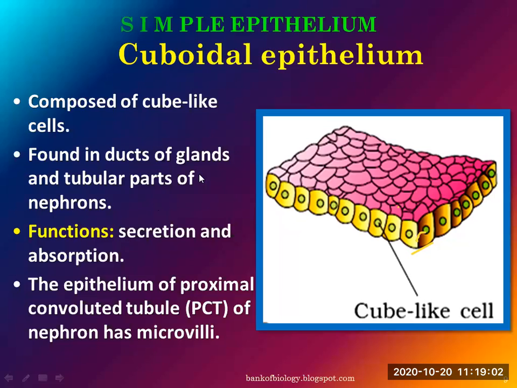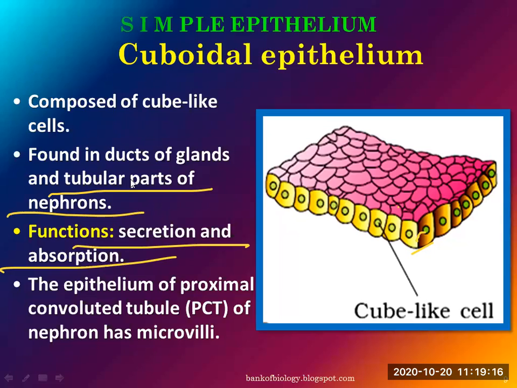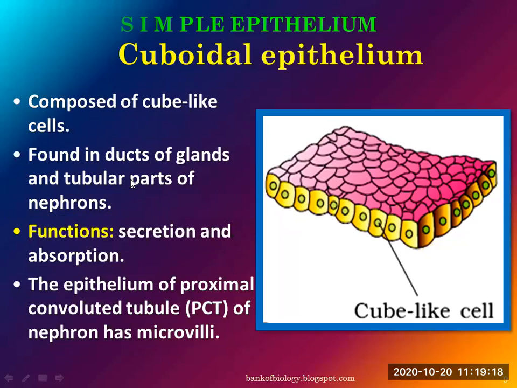Composed of cube-like cells, found in the ducts of glands and tubular parts of nephron, that means proximal and distal convoluted tubule, and functions in secretion and absorption. The epithelium of the proximal convoluted tubule especially has microvilli.